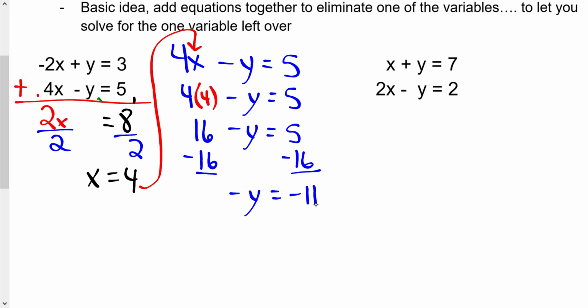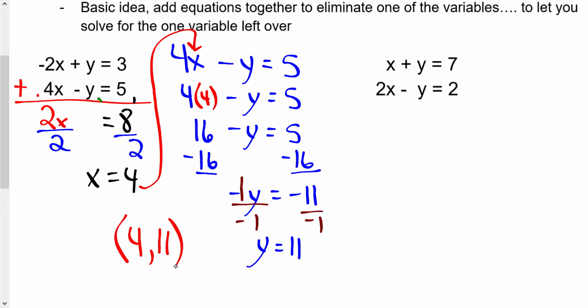Question. Am I happy with that negative sign in front of the y? I'm not happy at all. It's really like there's a negative 1 that's multiplying it. So now we can just divide both sides by negative 1. And I get y equals positive 11. Now, how can you go and check to see if you've got this right?